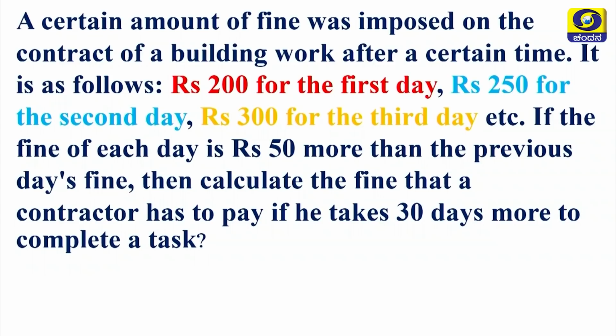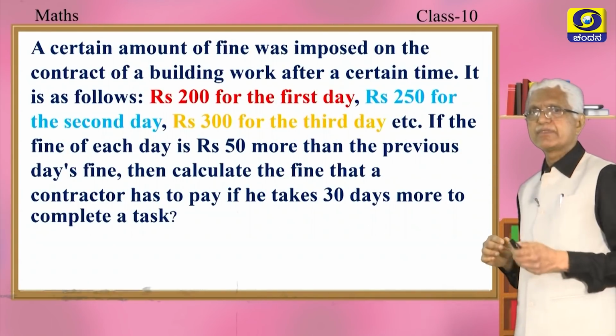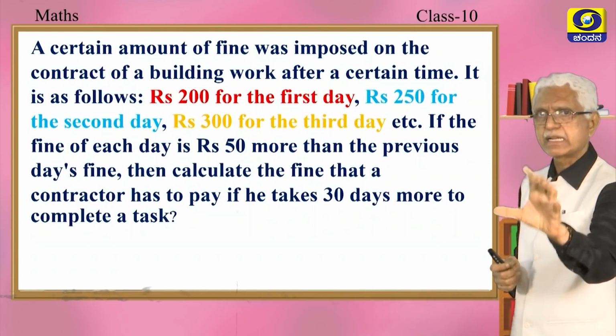A certain amount of fine was imposed on the contractor of a building after a certain time. See, I have given this work on contract for 1 year, he has to finish. If he delays it by 1 day, he has to pay a fine. Second day delay, he has to pay a fine. He has to finish the work in a certain number of days.